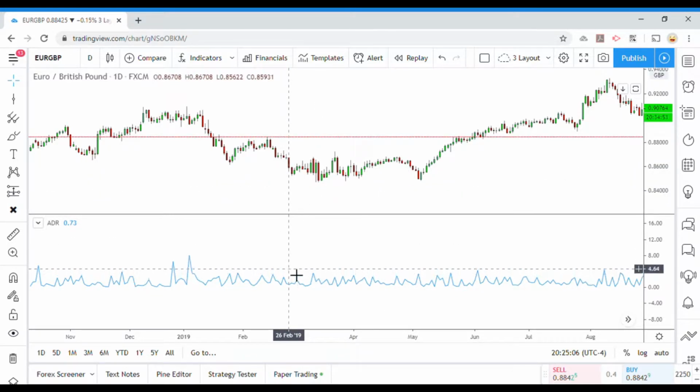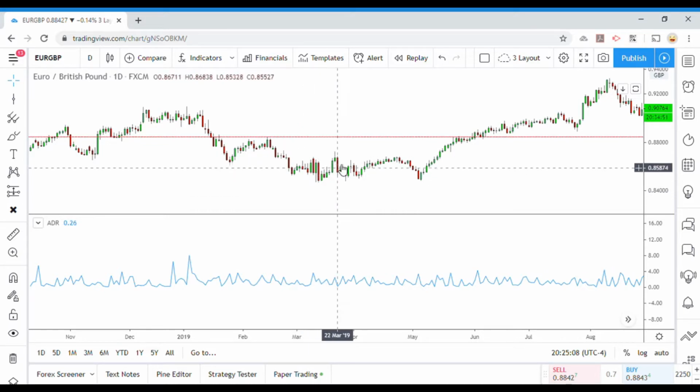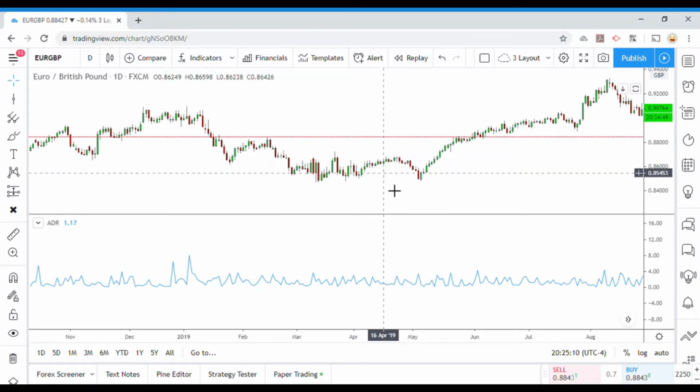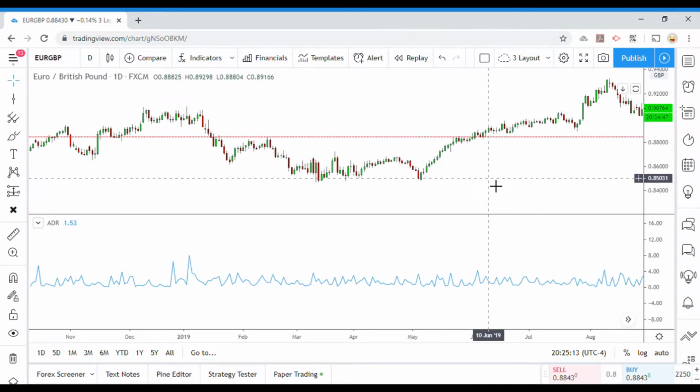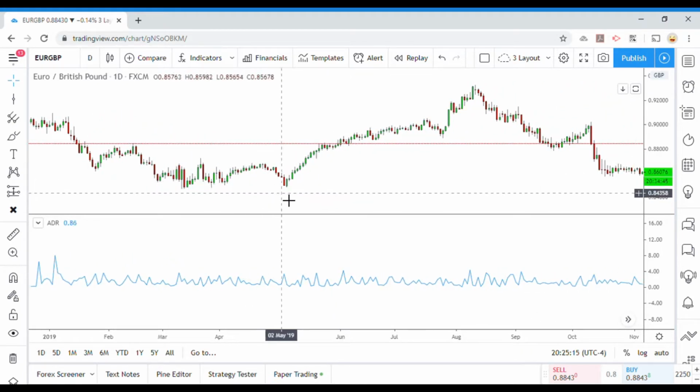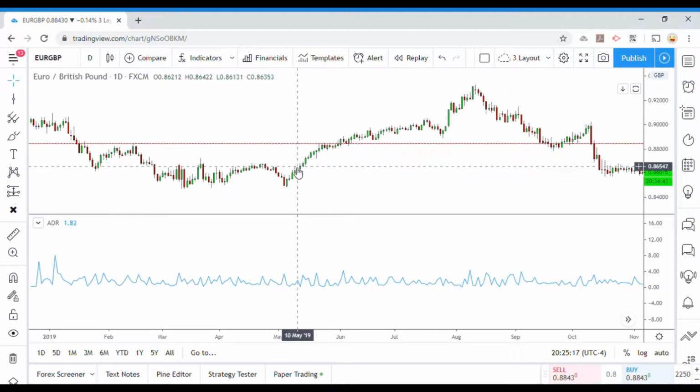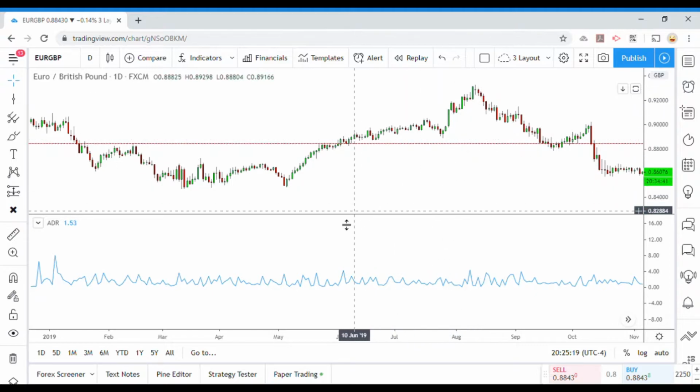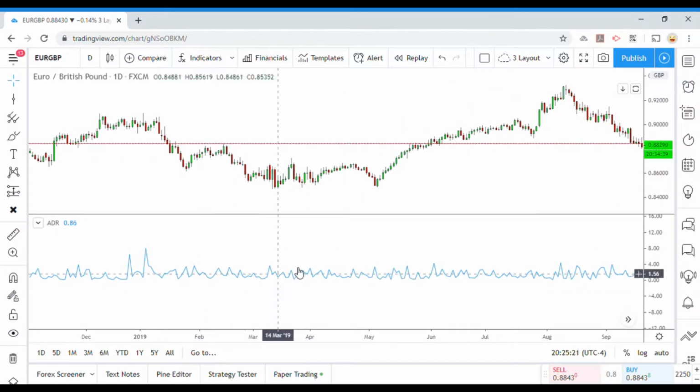And those can be extremely valuable as well. You don't want to be getting into the market as this thing's just whipping up and down and up and down and up and down. You want to be getting in as it's making an actual move and as it's running for a distance.